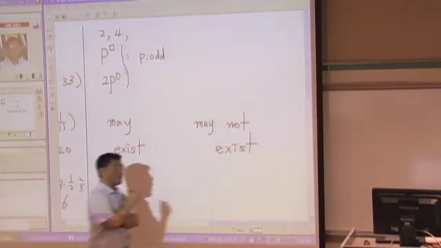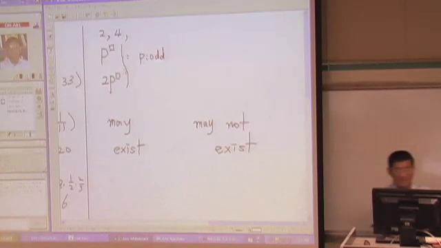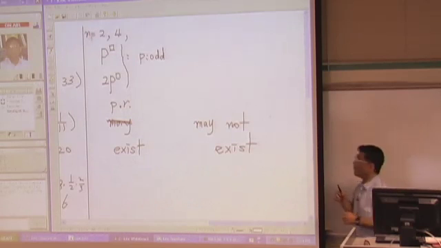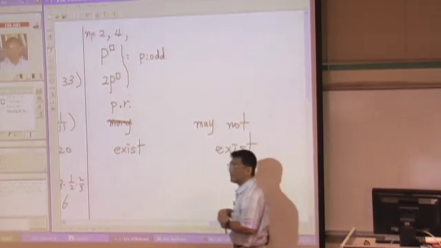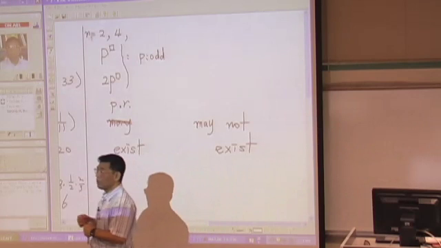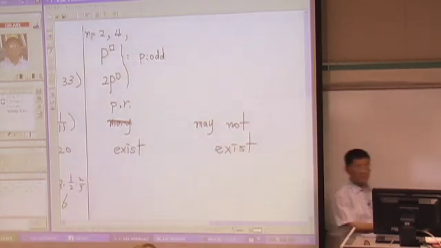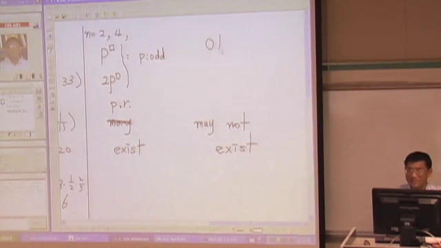Primitive roots exist if n equals 2, 4, or an odd prime power, or 2 times an odd prime power. Otherwise, primitive roots do not exist.